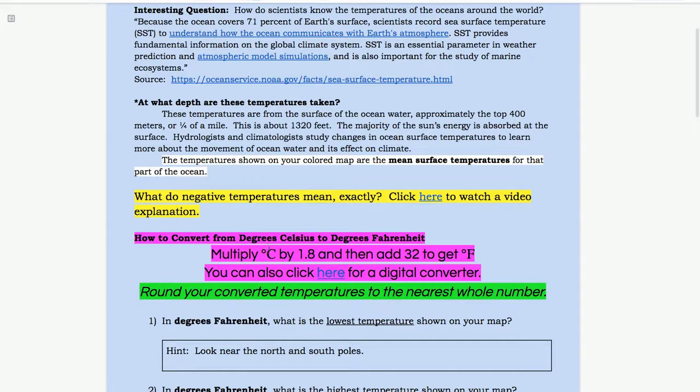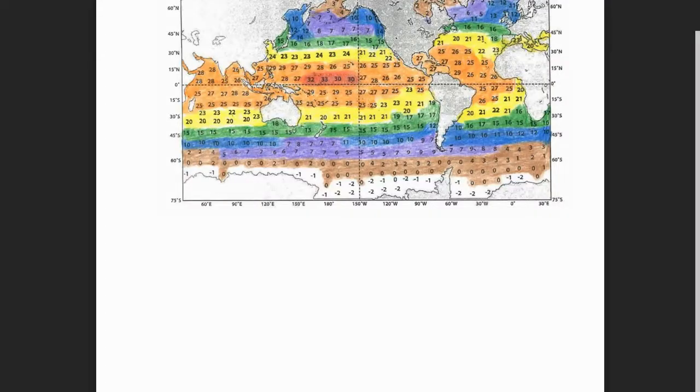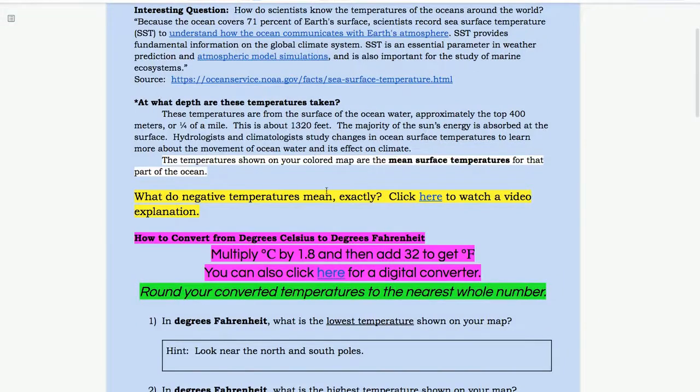We take the temperature in degrees Celsius, multiply by 1.8, and then add 32 to get the temperature in degrees Fahrenheit. So for example, if I wanted to know what 33 degrees Celsius is equivalent to in degrees Fahrenheit, I could multiply 33 by 1.8 and then add 32, and now I have a temperature in degrees Fahrenheit.